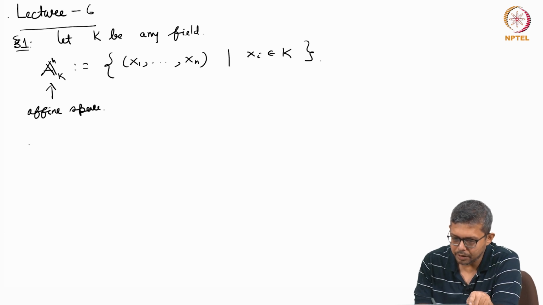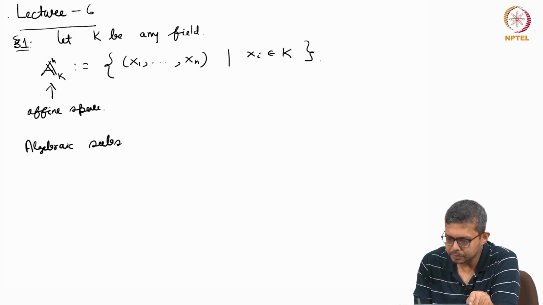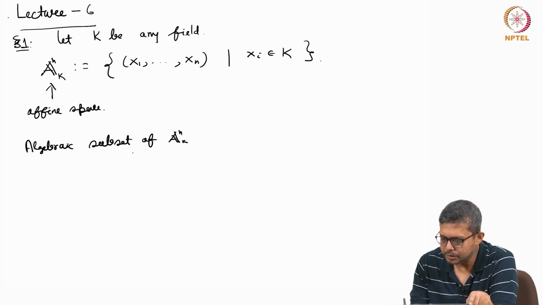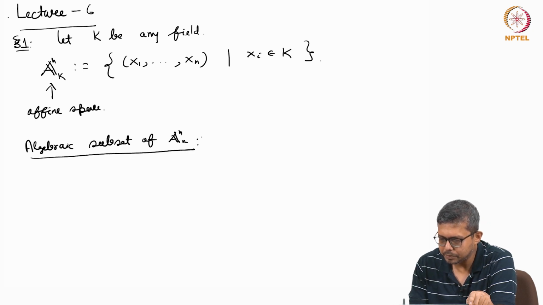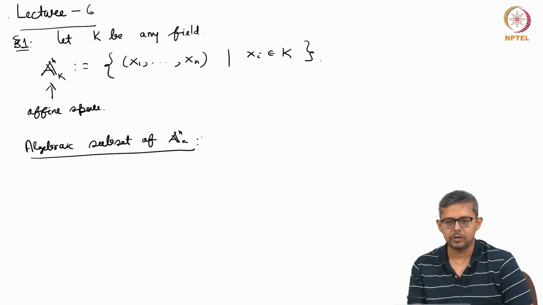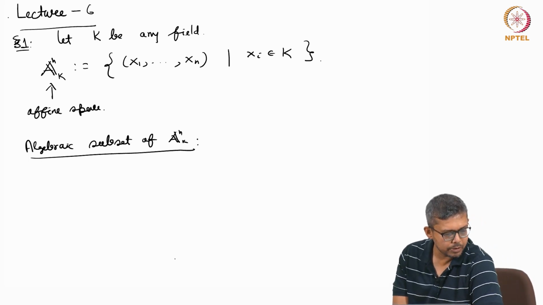Now the definition of an algebraic subset of affine n-space. So n is some positive integer.